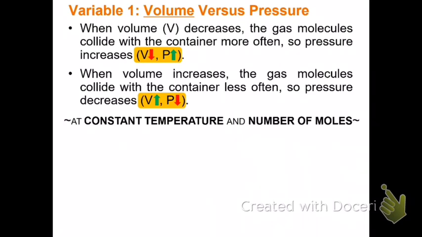Remember, in the beginning of this lesson we defined pressure as the force applied per unit area and also the frequency of collision. So how do you think volume will affect pressure? Meaning, if you were to increase the volume of the gas, how would pressure change?